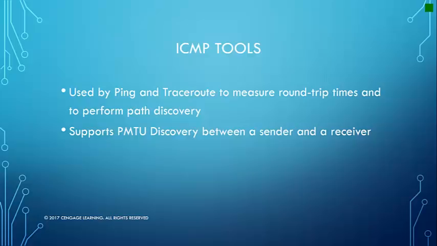ICMP version 6 then introduces numerous changes to MTU management and PMTU discovery, such as the default IP version 4 packet MTU being changed from 576 bytes to 1280 bytes for IP version 6.